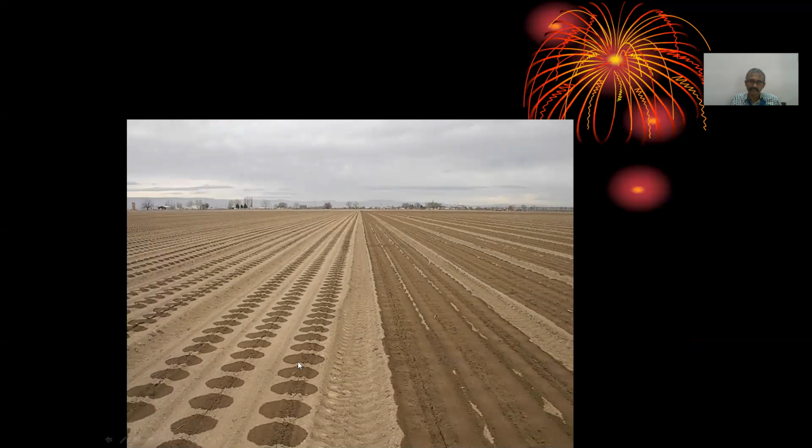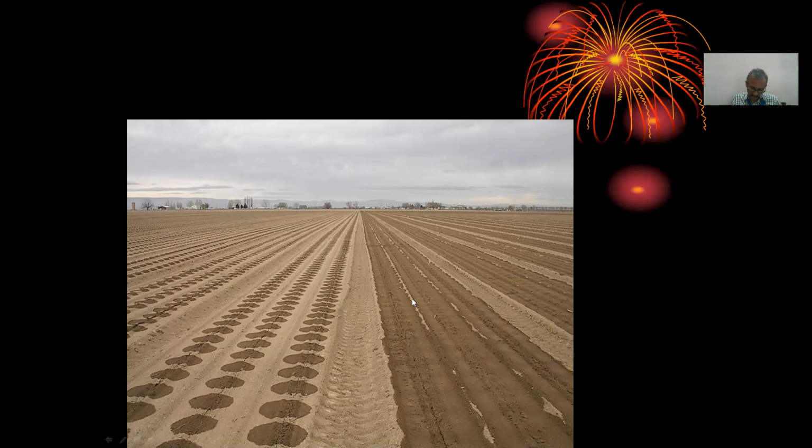See here, it's a line source only. This is a surface drip irrigation system. To start with, when it is operating, it appears as though it is a point source. Sometimes all the wetted zones join together and form a single continuous wetted strip.